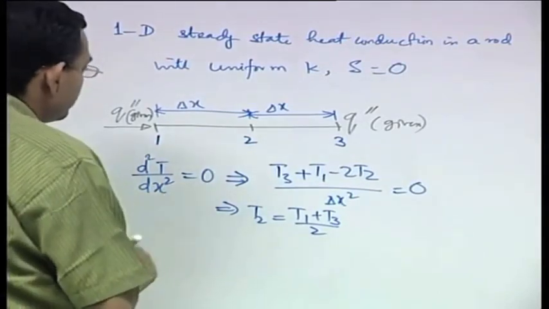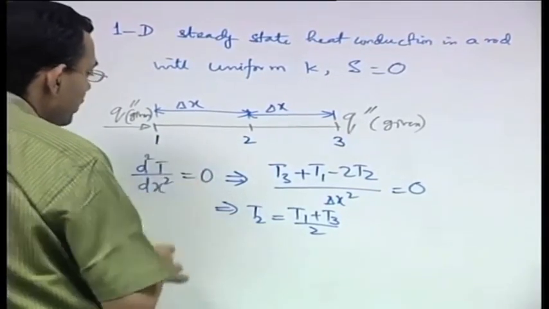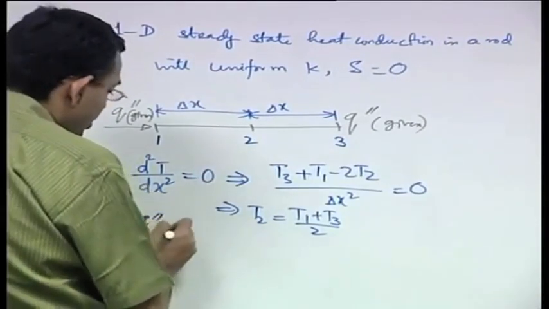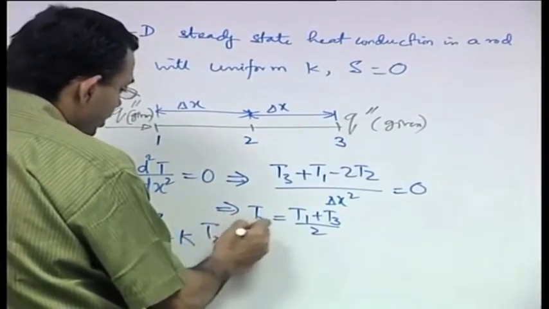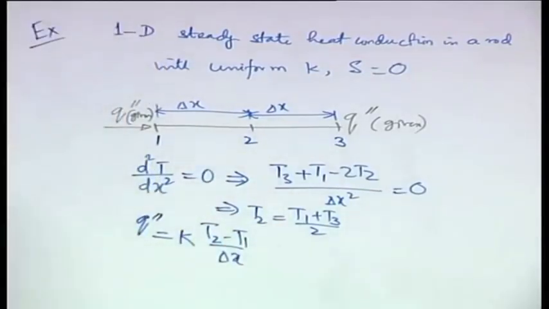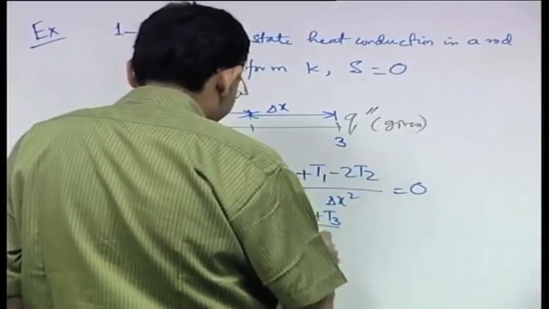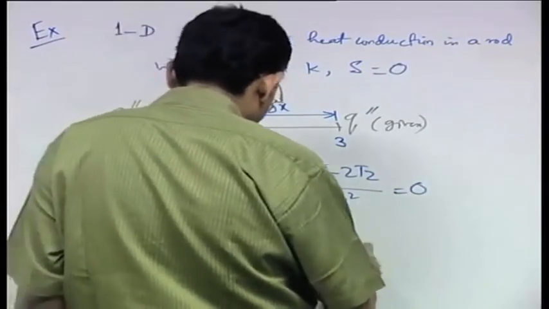Then for the grid point 1, Q is equal to minus k into dT/dx, so Q is equal to k into (T2 minus T1) by delta x.